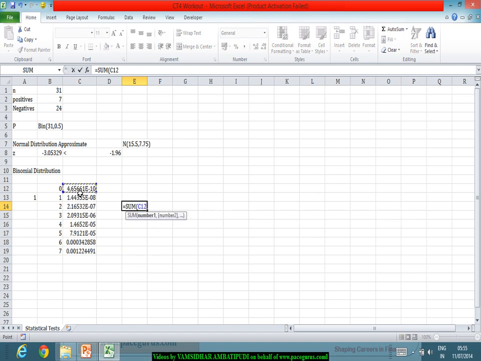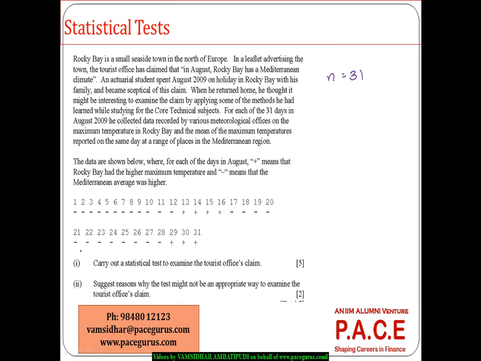If there is not much of a difference, the probability of occurrence of 7 or below number of positives is just around 0.1%. This is again much lesser than at least 2.5%. So we can very safely conclude that the Rocky Bay climate is significantly lesser compared to that of the Mediterranean climate using this sign test mechanism.